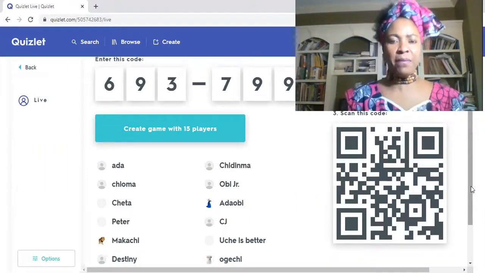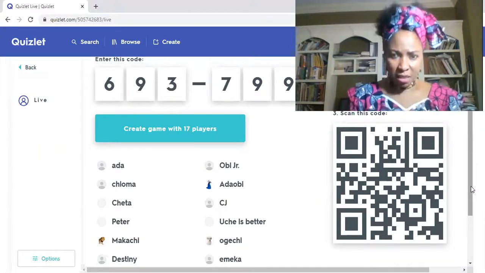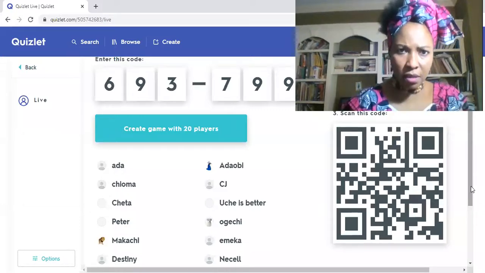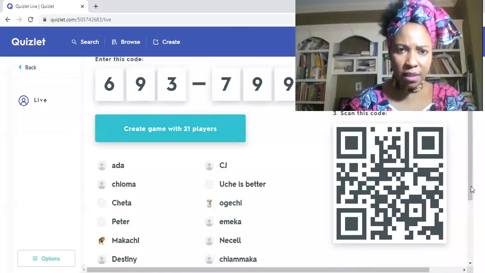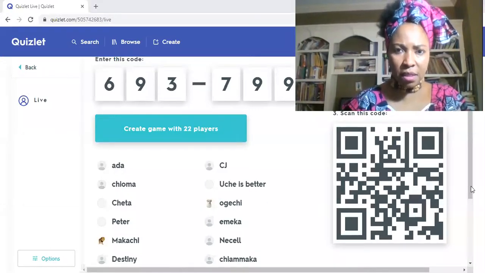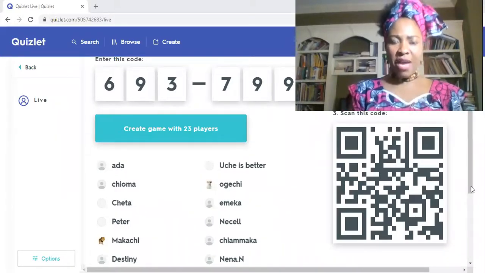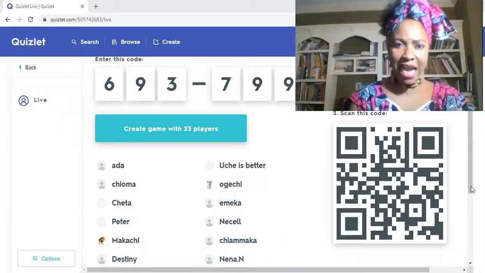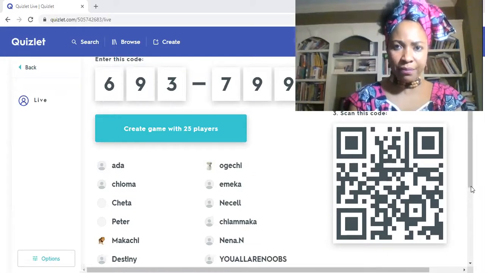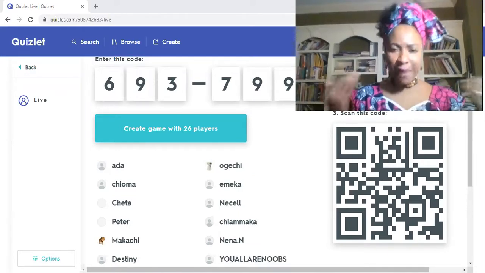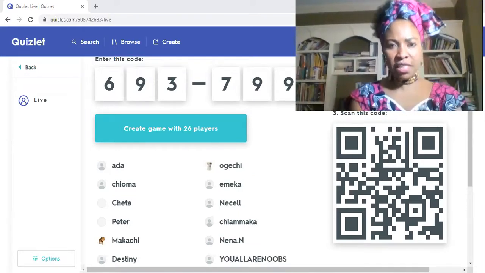I have only 15 players. Come on, guys, move it. Come on. We have 40-something people here. I can't have only 30 people doing the game. Everybody must participate. 26 players so far.